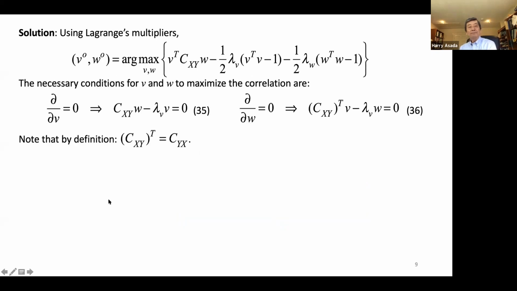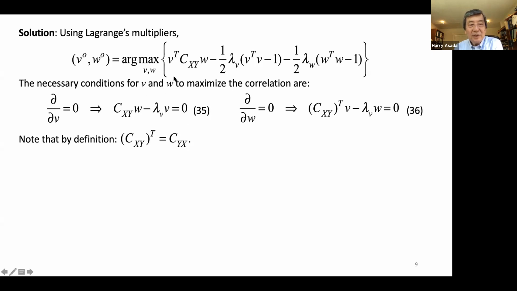So what we want to do is maximize or minimize this. The necessary conditions are to first take the partial derivative with respect to v and set it to 0, and also the partial derivative with respect to vector w and set that to 0. So we do the same differentiation.